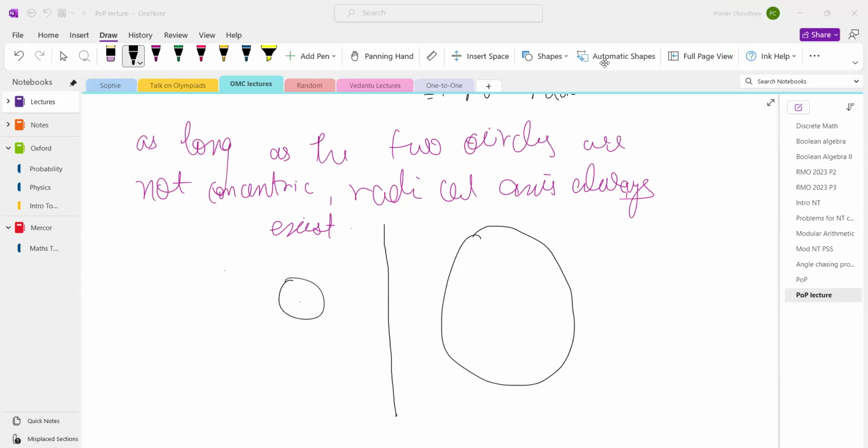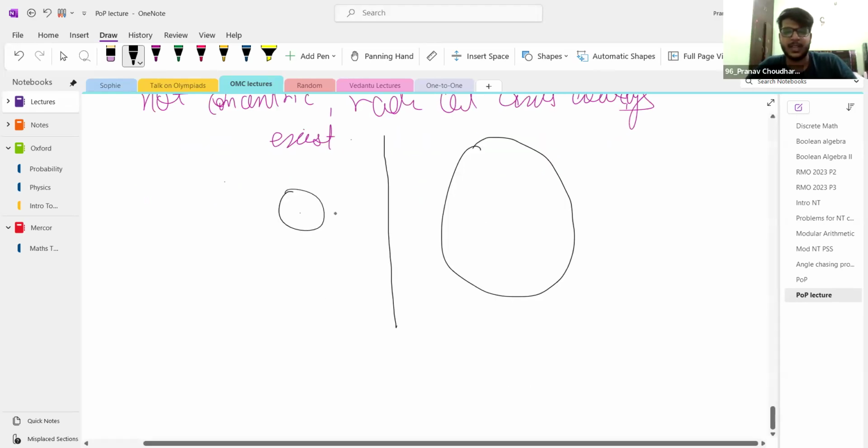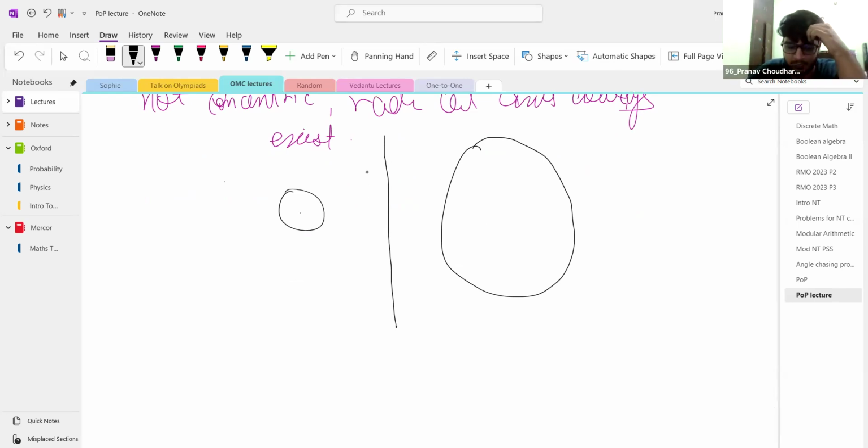I'm seeing if there are two circles like this, whether the radical axis always lies in the middle of them, which slightly looks false to me, but I've never seen a counterexample in my life. Yes, that's what I think, but I'm not 100% sure.